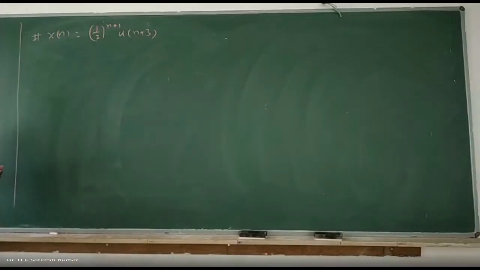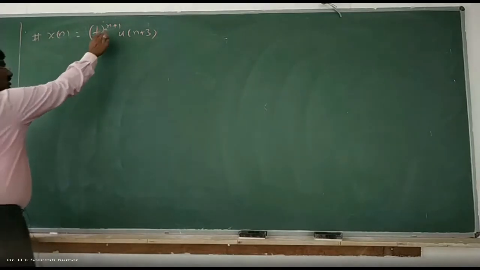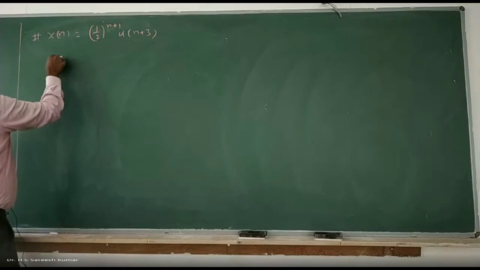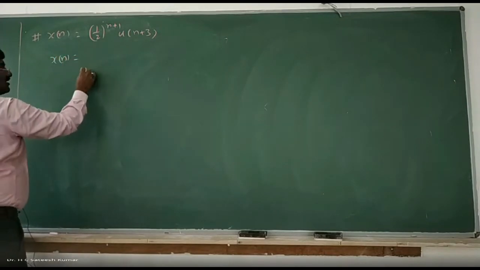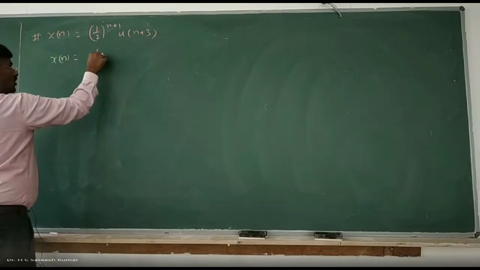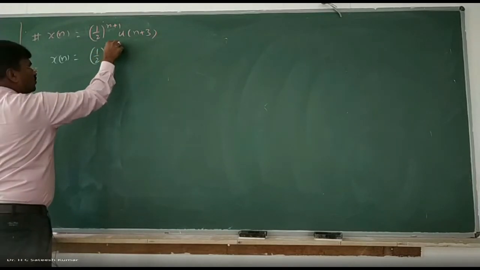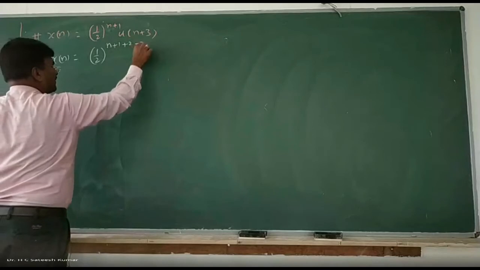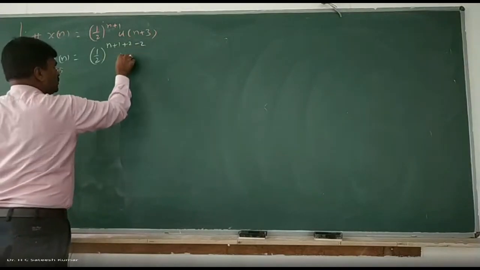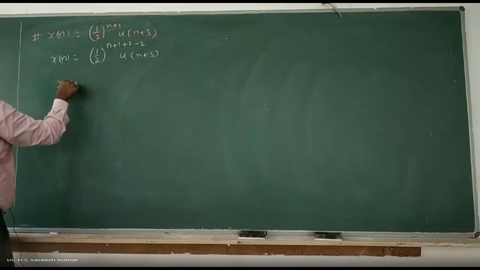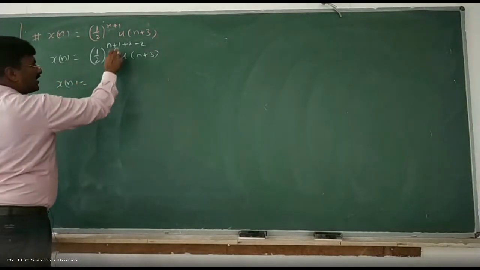Okay. So direct substitution, once again, is not possible. We have n plus 1, we have n plus 3. We cannot modify this one, so you had better modify this. X of n is equal to (1/2)^(n+1+2-2), so that I can get n plus 3, into u of n plus 3. That's it. Rest is very simple. We have n plus 3.